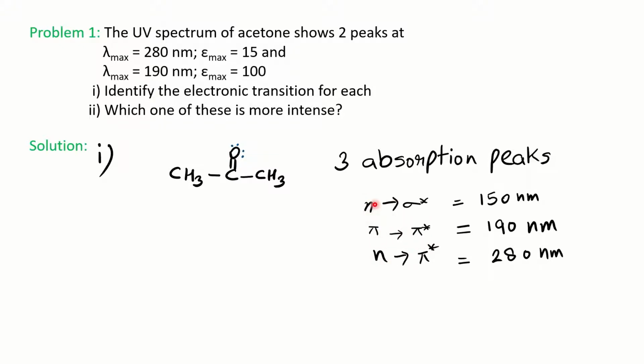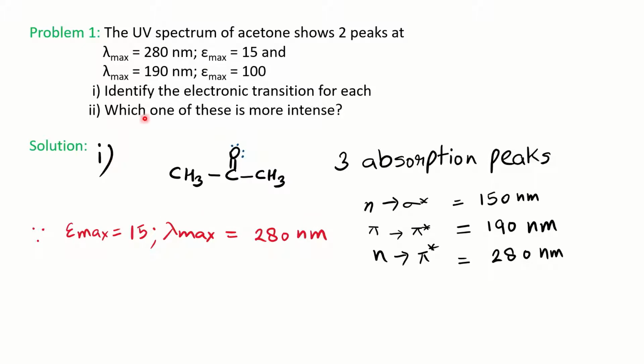Non-bonding transitions are usually forbidden, and if you are having the same orbital, that is the allowed transition. So basically pi to pi star is allowed, but these two occur in the far UV, and above 200 nanometer occurs in near UV. So you will be able to see this 280 very clearly in the spectrum of acetone.